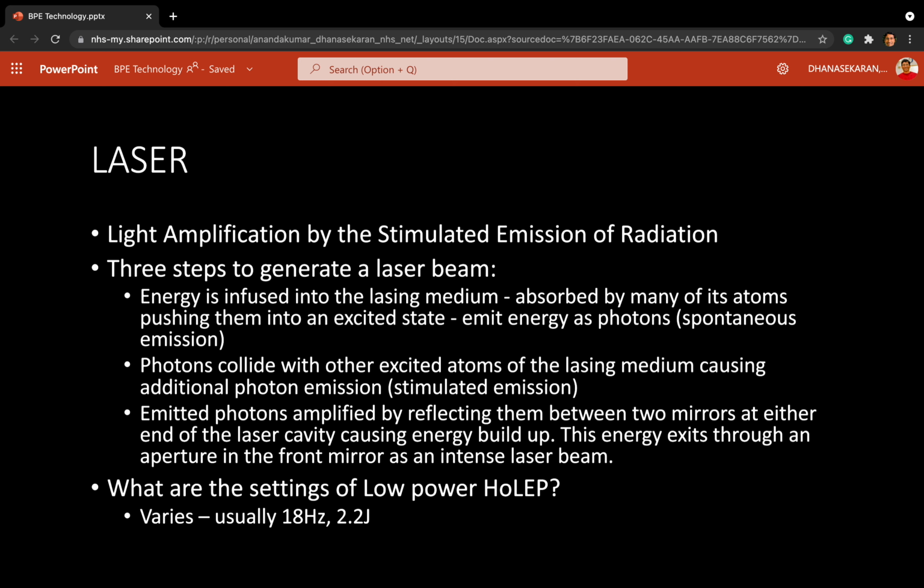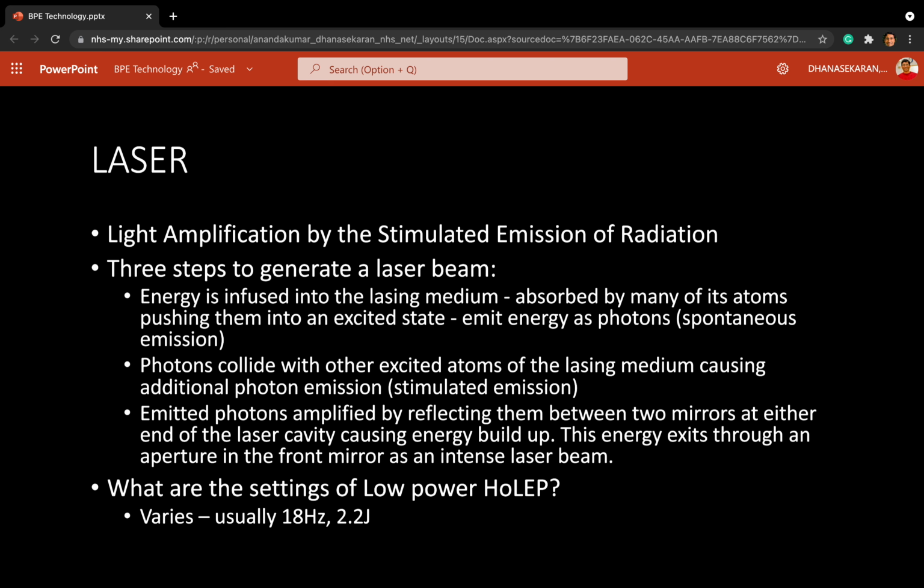The electron orbiting it decays and releases a photon, which is a packet of light. Next is stimulated emission, where the photon is internally reflected and collides with other excited atoms to produce more photons. And then finally, there is population inversion, whereby the amount of light generated is greater than that which is absorbed.